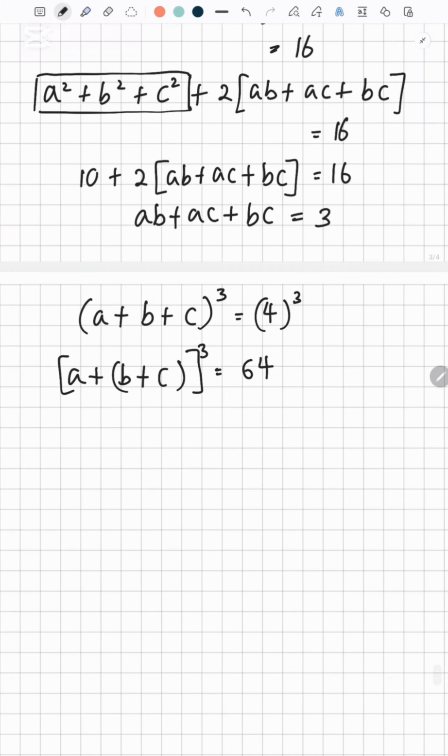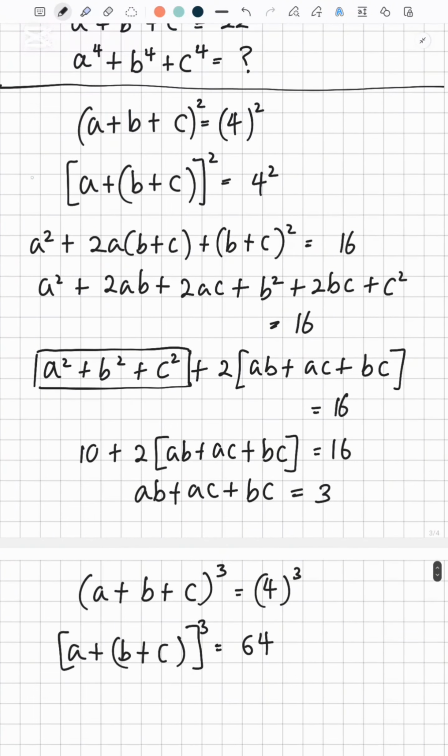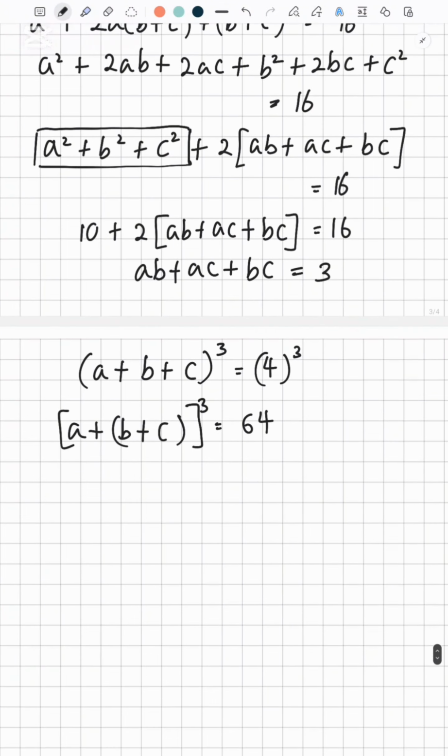So how do you expand this? You can use binomial expansion. If you know binomial expansion, you can use it, or you can use this answer and multiply it one more time with (a + b + c). You could do that, but I'm going to use binomial expansion. Saves much more time.